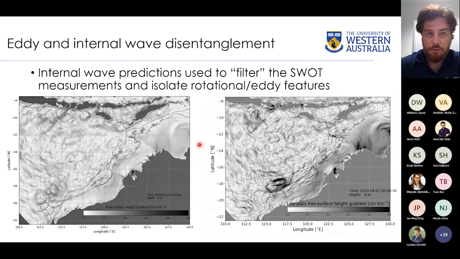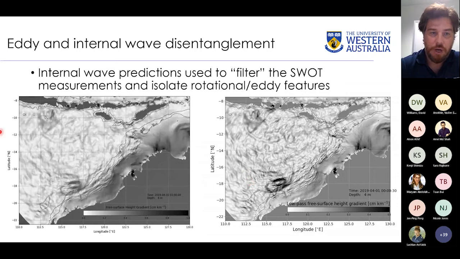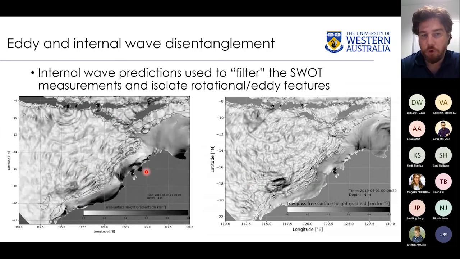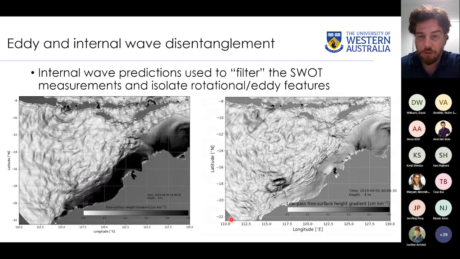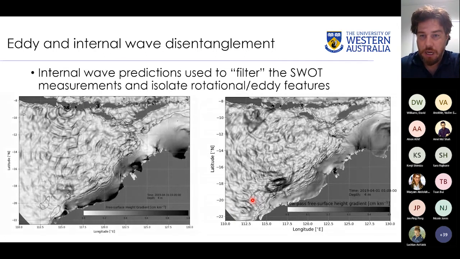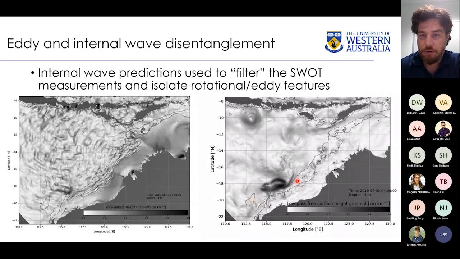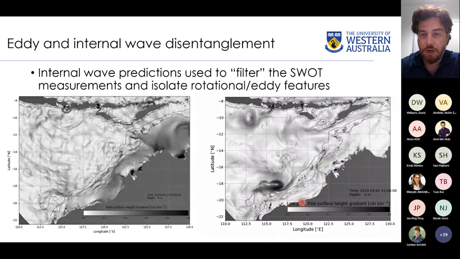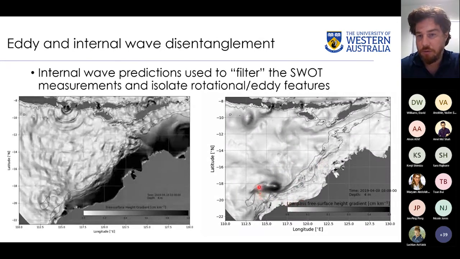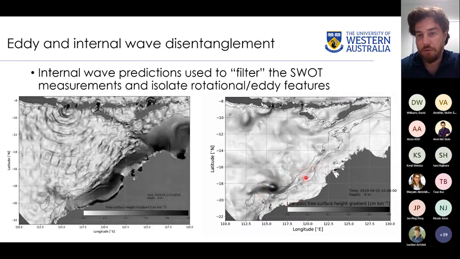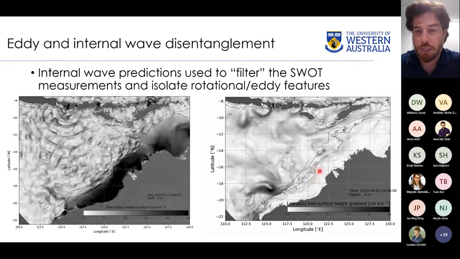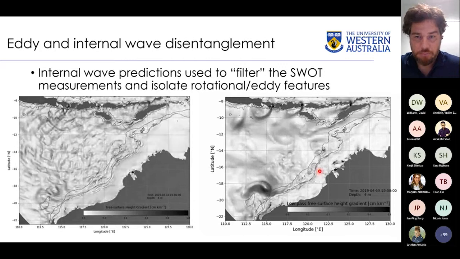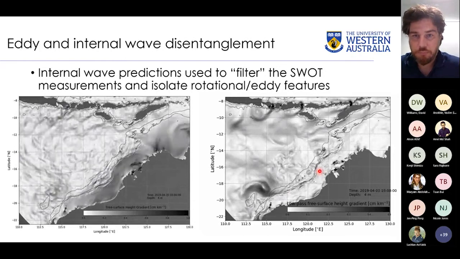And just to show you, this is that model of the sea surface height gradient, what it would look like if you could measure everywhere for all time. And this is what you get left with if you filter out the internal gravity waves from that signal. So it's those slow moving rotational eddies, which are of interest as well.